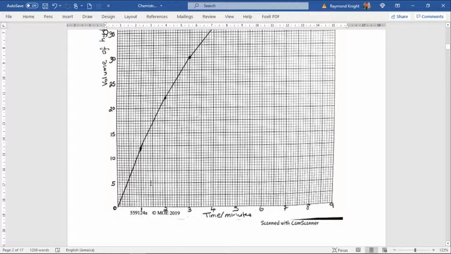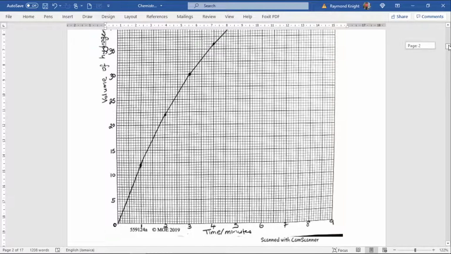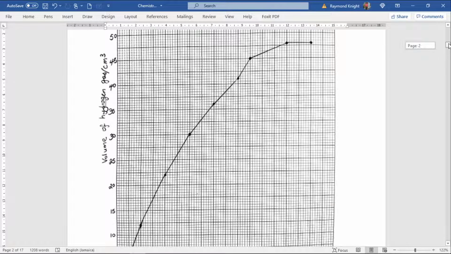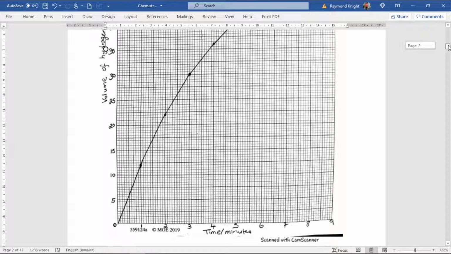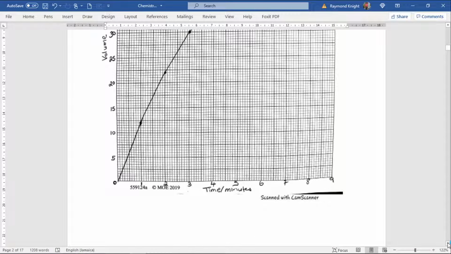So I label both axes, scale them properly, plot my graph, and then draw a smooth curve as best as possible. Some of you will be better than me at drawing these curves, but that's the idea. Match up your coordinates properly, and use a fine pencil as best as possible to get nice curves.